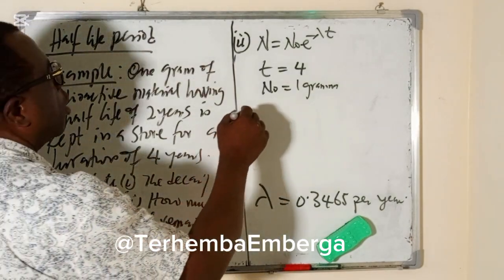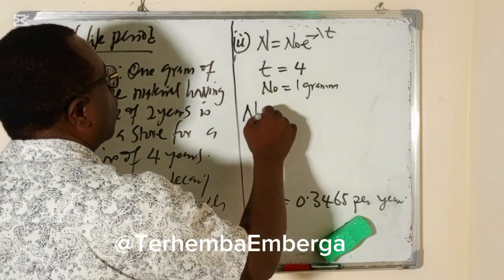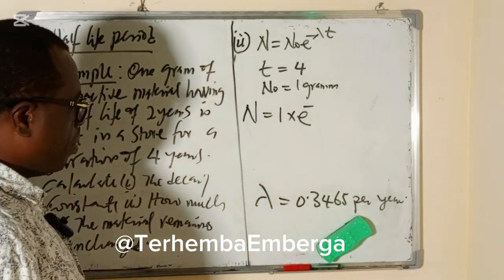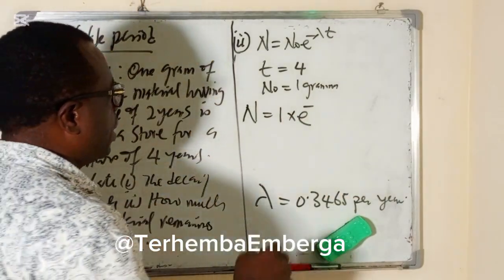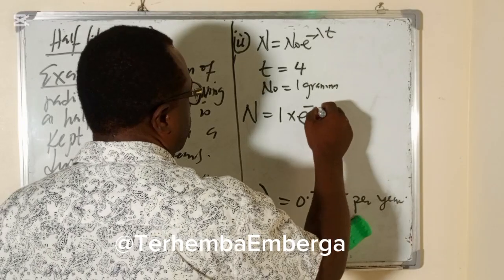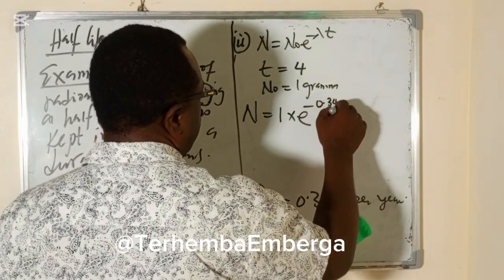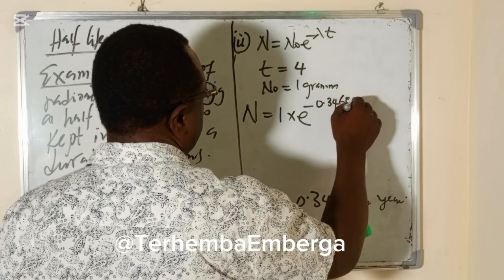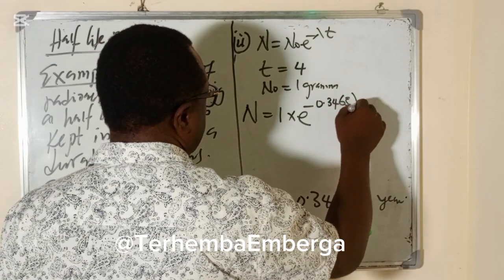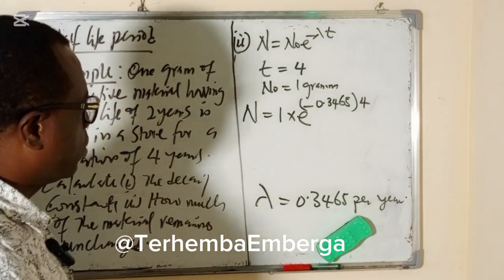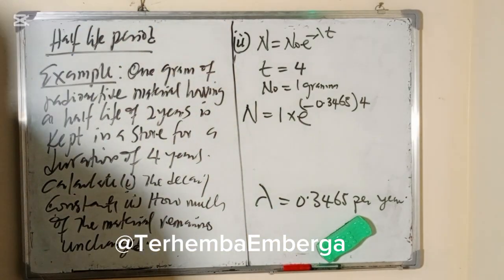So by the time you substitute this, you have N is equal to 1 times e to the minus, remember we have calculated lambda to be 0.3465, times 4.